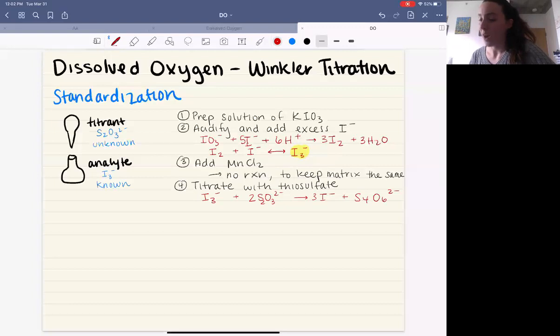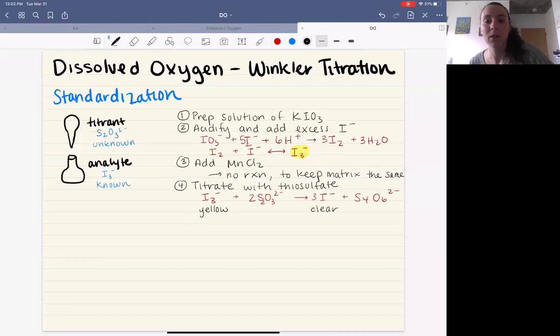Okay, triiodide is naturally yellow in color. Okay, so we're starting off yellow on our reactant side, but this iodide, I-, is clear. It's colorless.